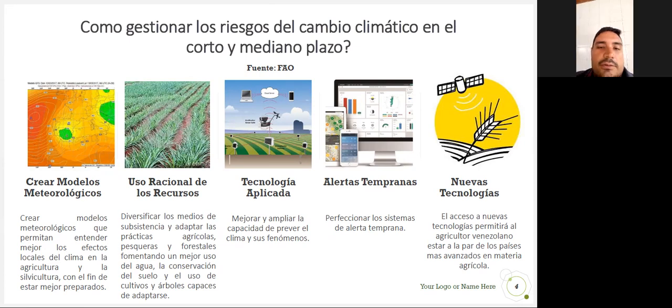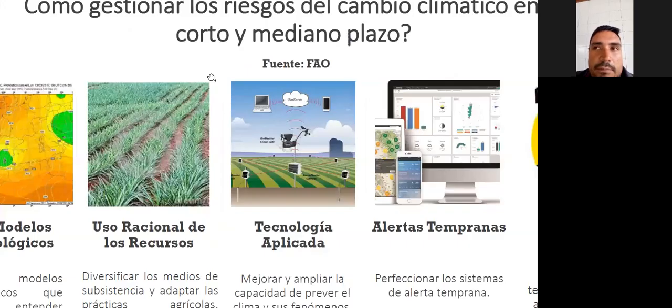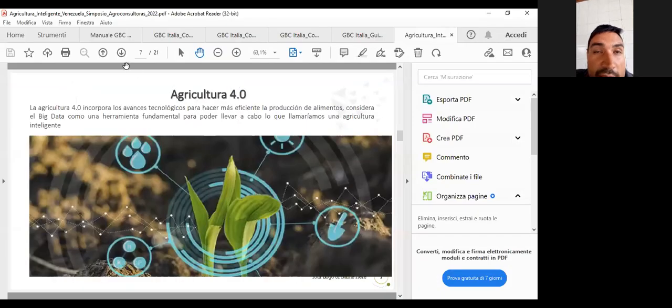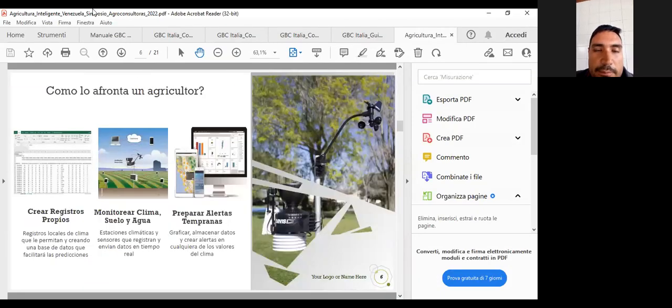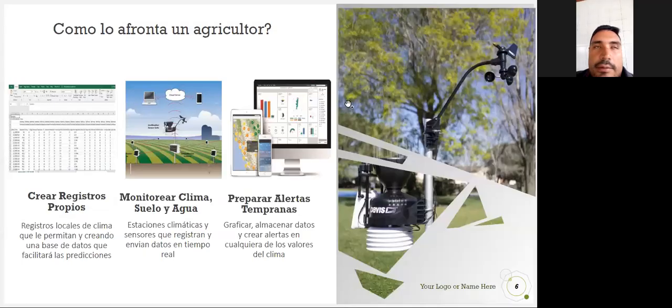Second, we need to use resources rationally, apply technology, and early warnings about the weather, the principal problem, and we also need new technology.